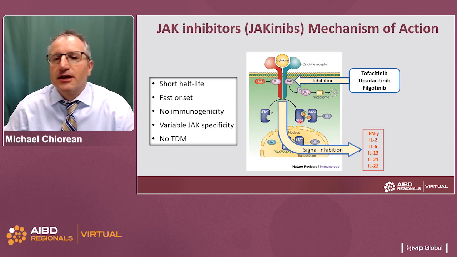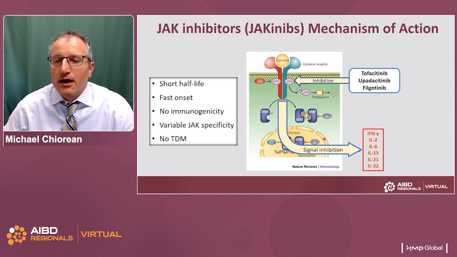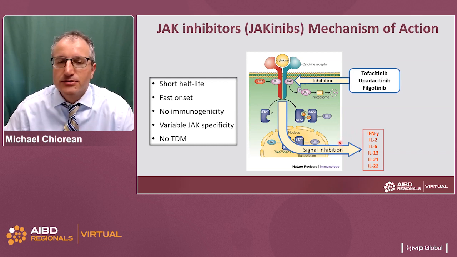So how do the JAK inhibitors work? By inhibiting the JAK, there is less phosphorylation, there is less activation of the STAT, and as a result, there is a signal inhibition of a large number of these pro-inflammatory cytokines at once. So as opposed to the monoclonals, which are generally targeted for a single pathway, JAK inhibitors work on multiple pathways.